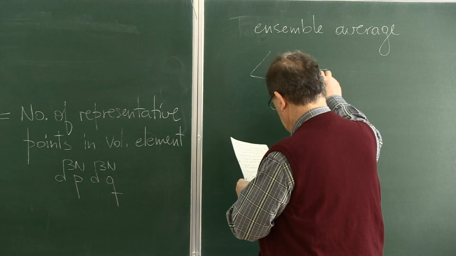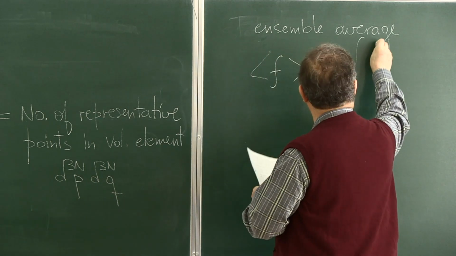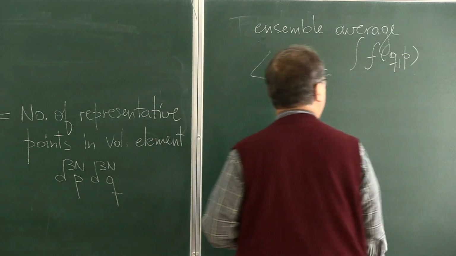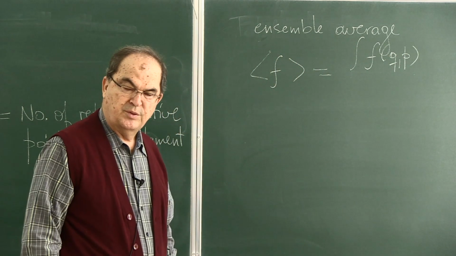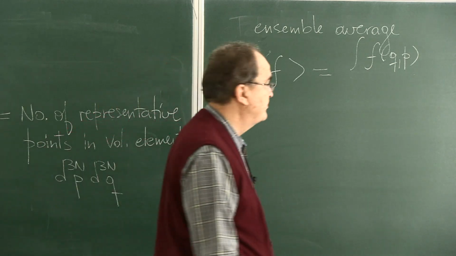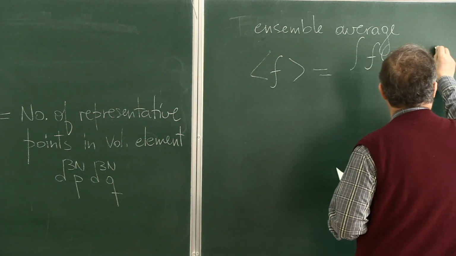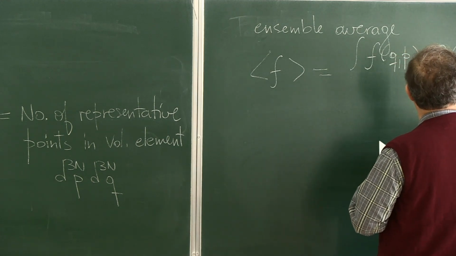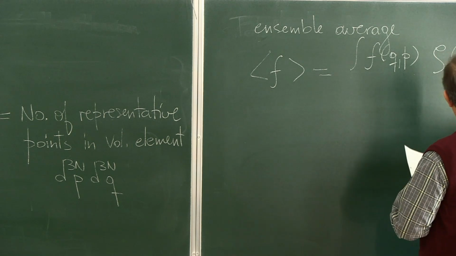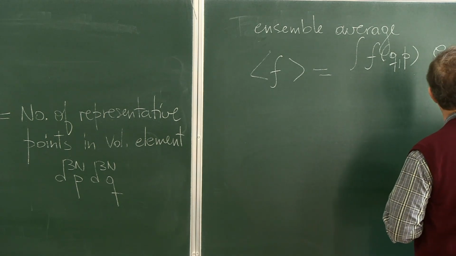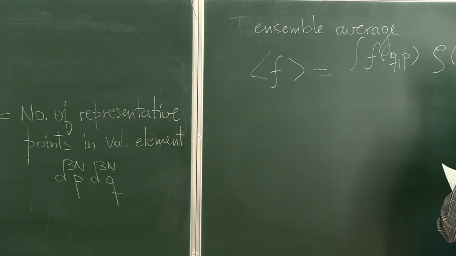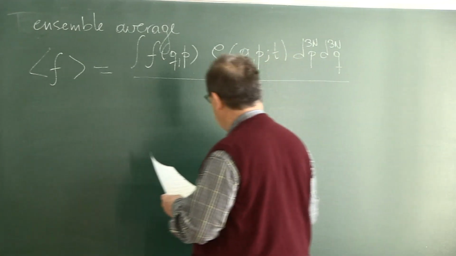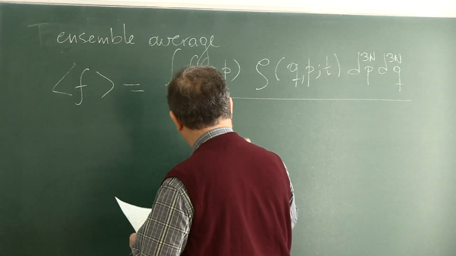That average can be written in terms of the quantity itself as a function of position and momentum, and the density function, with a denominator just to normalize it.